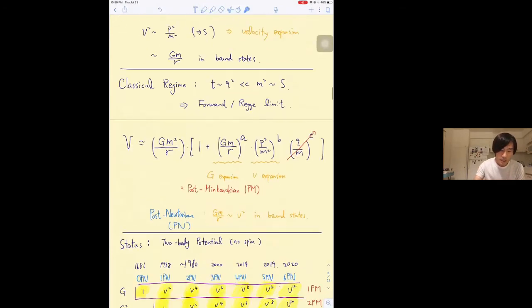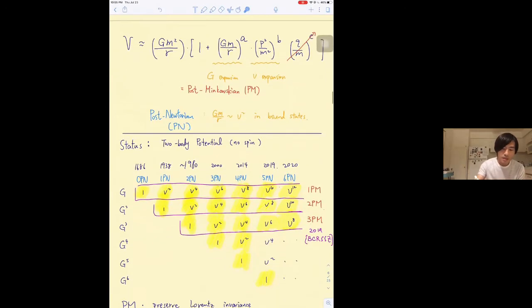In the GR community, this G expansion is called the post-Minkowskian expansion. In field theory, because it's simply expanding in G, we simply call it perturbation theory. And the v expansion in GR is typically combined with G, because in a bound state, as I said, these two are of the same order. This is the so-called post-Newtonian approximation, which combines these two expansions.